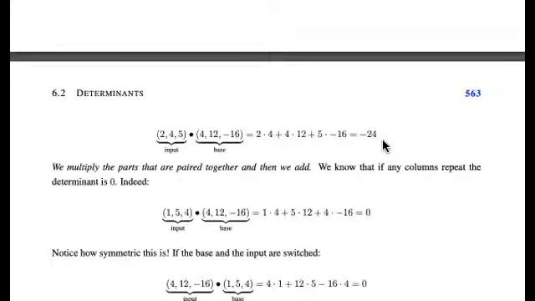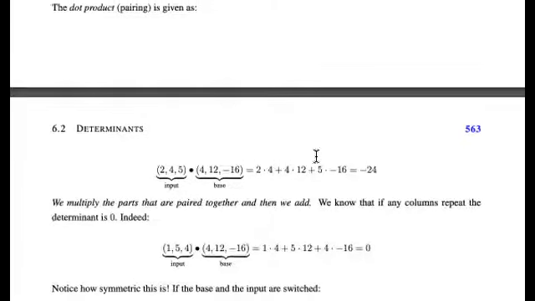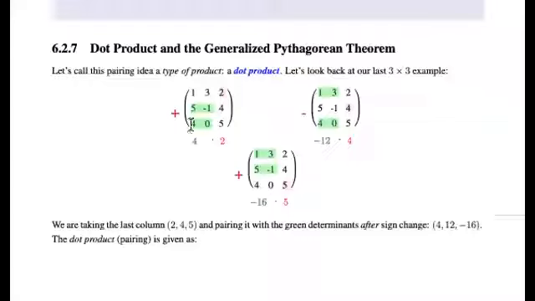All right, let's remember what this calculation is. This is the calculation for the full determinant. Now remember, when we had a determinant where we repeated a column, then it would be 0. So let's say we have 1, 5, 4 here, and let's suppose that we replace this 2, 4, 5 with 1, 5, 4.